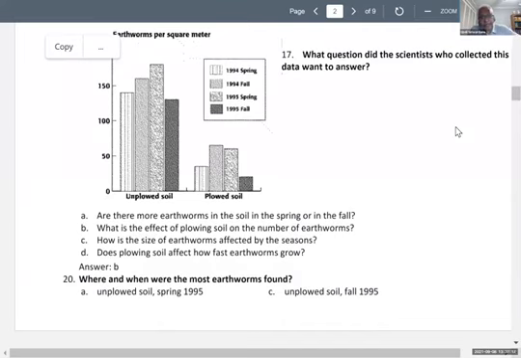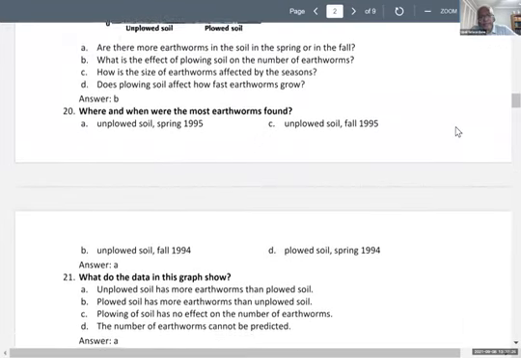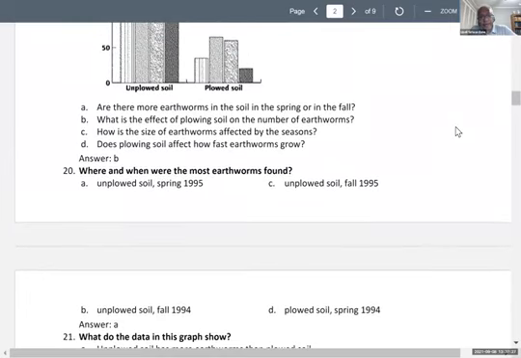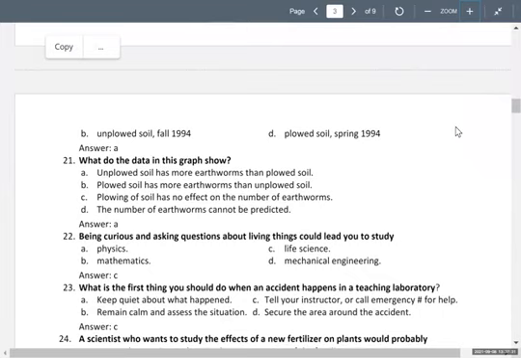So that's the question they're asking an answer to. Number 21. What do the data in the graph show? Unplowed soil has more earthworms than plowed soil.